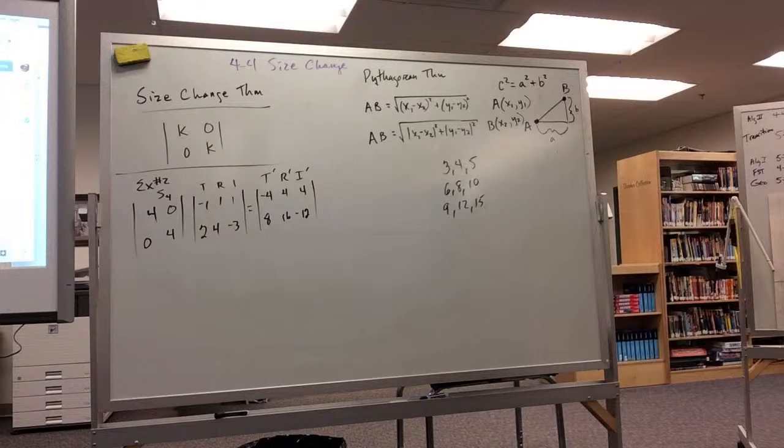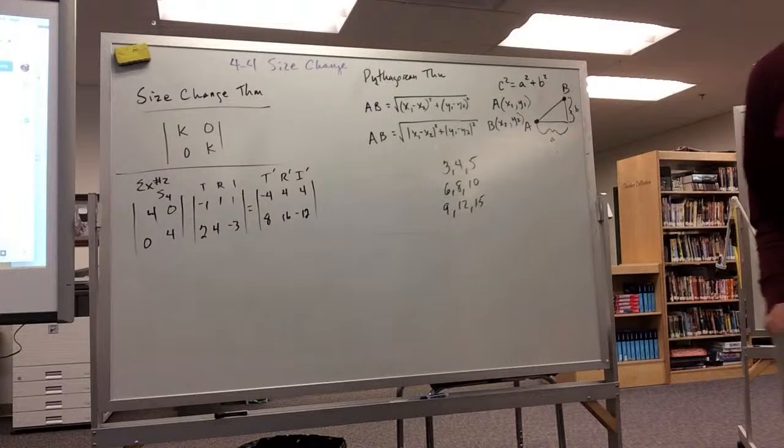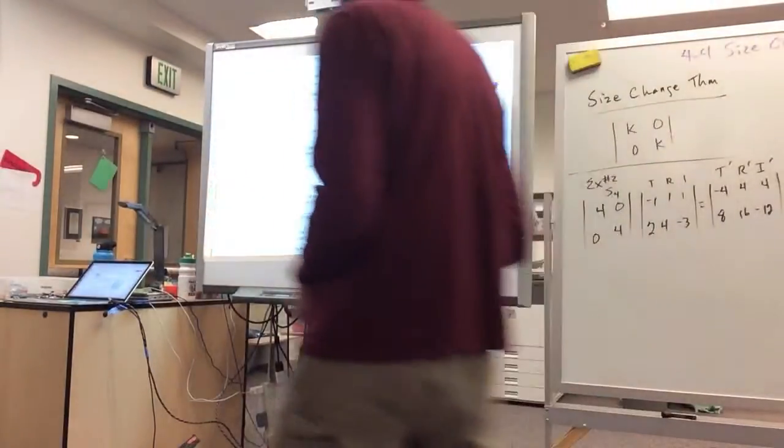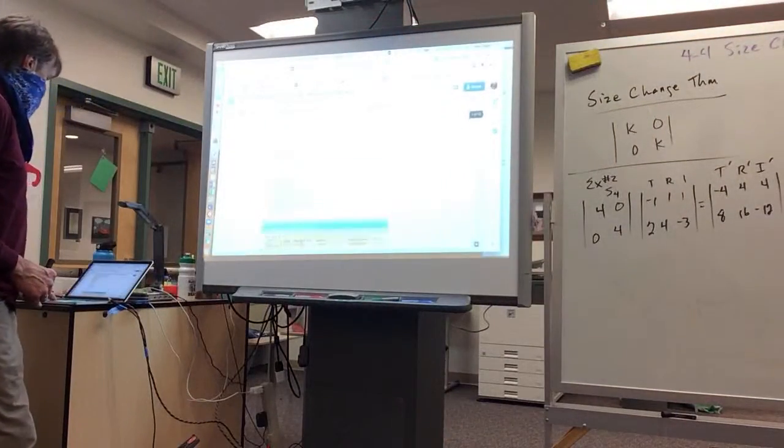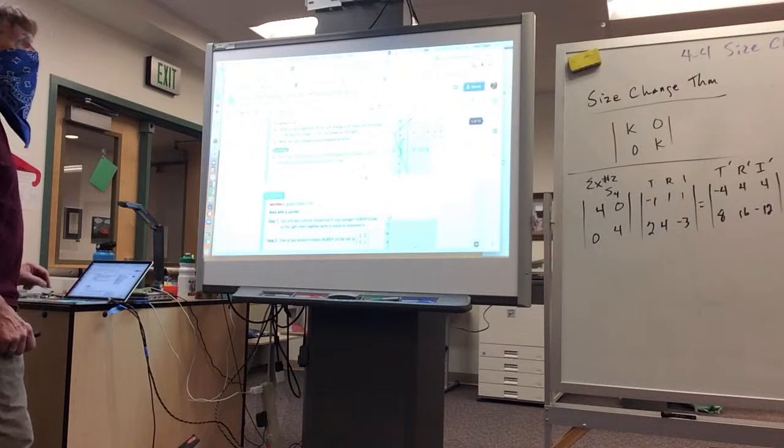So that's what they're getting into at the very end here with triangle TRI and triangle T prime, R prime, I prime. They ask you to calculate and measure all of these lengths and changes of lengths. But I'm not going to actually take time to do it.